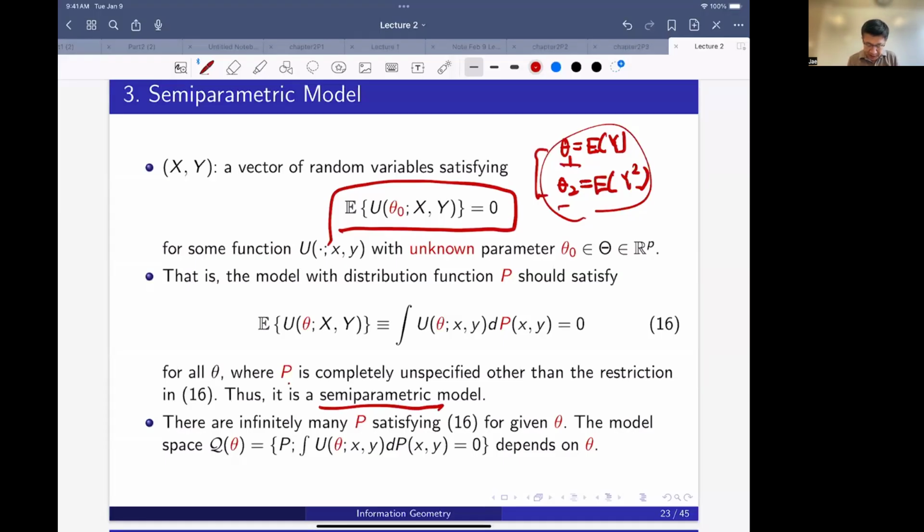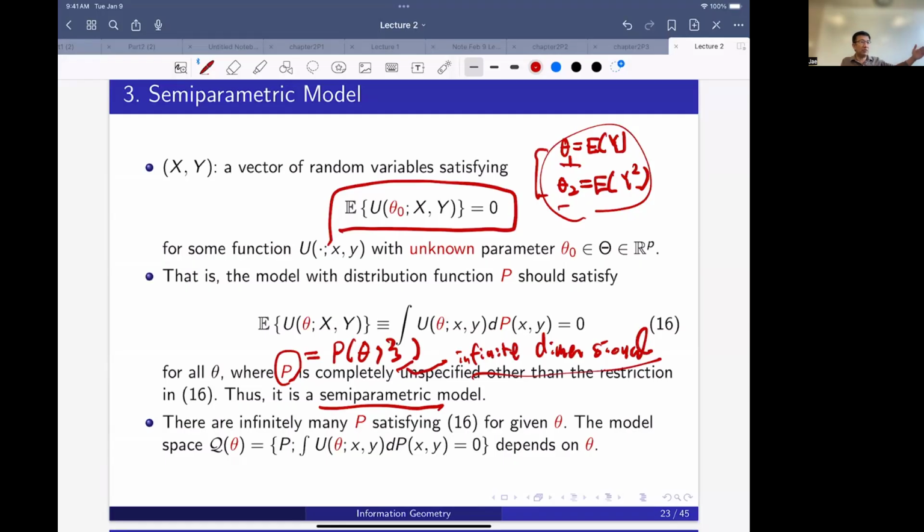So this P is indeed a function of zeta, another unknown parameter, say zeta. Okay, but this is infinite dimensional. Because if you want to completely characterize the distribution, you need not just the first two moments, right?